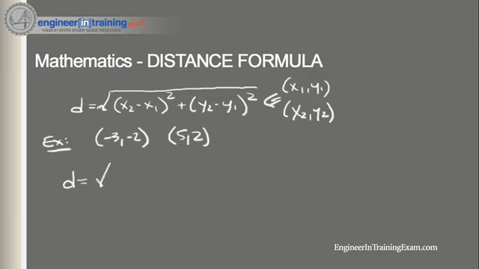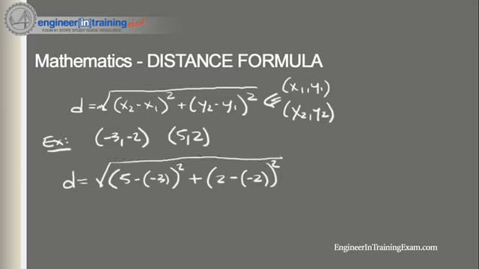So d is equal to the square root of (x2, which in this case is 5, minus x1, which is -3) all squared, plus (y2, which is 2, minus y1, which is -2) all squared.